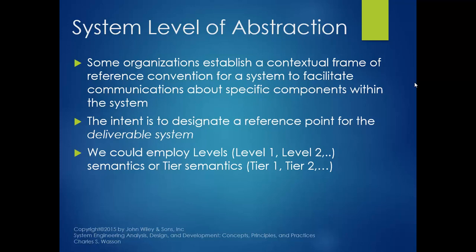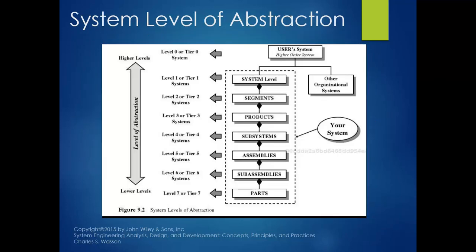Now, the intent is to designate a reference point for the deliverable system. In this way, we can employ different levels or tiers that will show me the semantics of that system. And the abstraction will look like this.